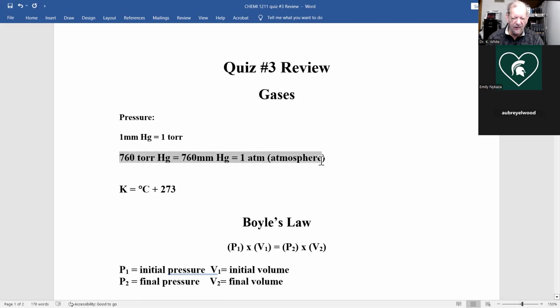This is a definition. Therefore, 760 and 1 are exact numbers.